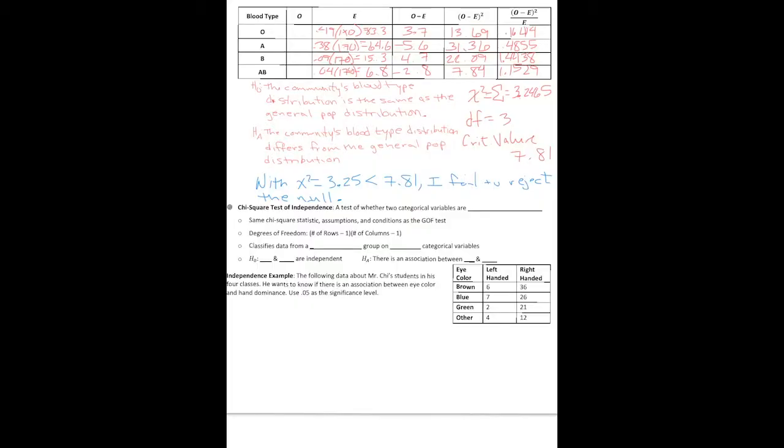Okay, the next test is the chi-square test of independence. That means that we are seeing if one of the categorical variables is independent of the other. So you're looking at two totally different categorical variables and seeing if one has an impact on the other or if they're totally independent. When you deal with the test of independence, your chi-square value is found the same way.